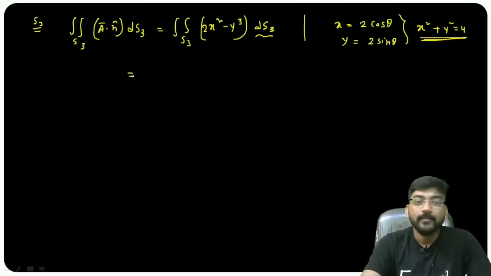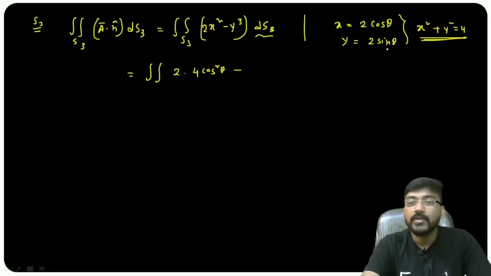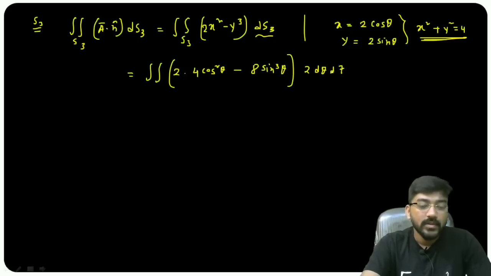So now the integration will be 2 into x², means 2 into x² is 4 cos²θ, minus y³, which is 8 sin³θ, into dS3, which means 2 into dθ into dz.